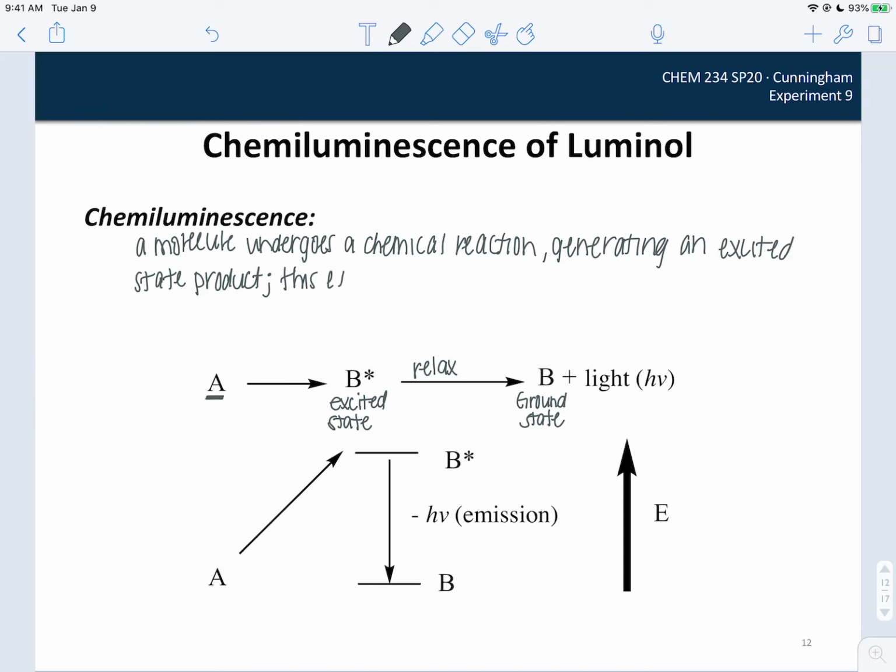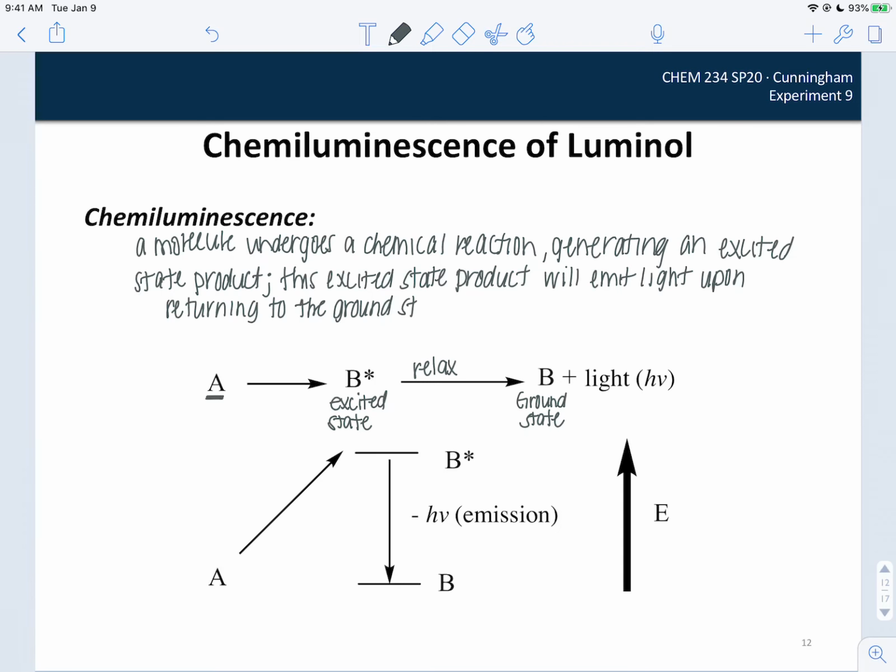This excited state product will emit light upon returning to the ground state. So there's our general summary of chemiluminescence.